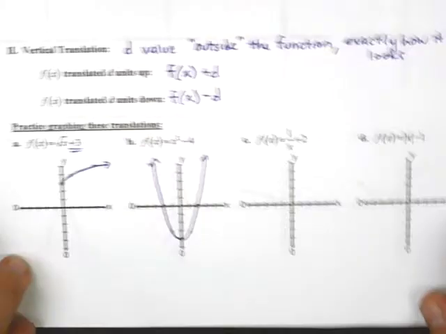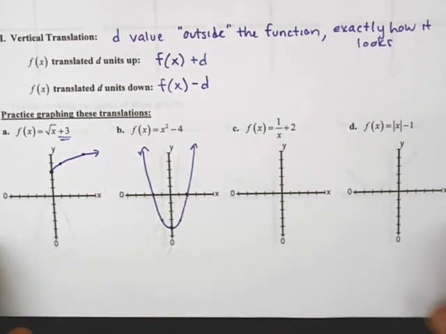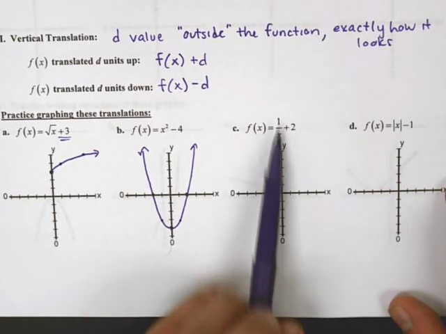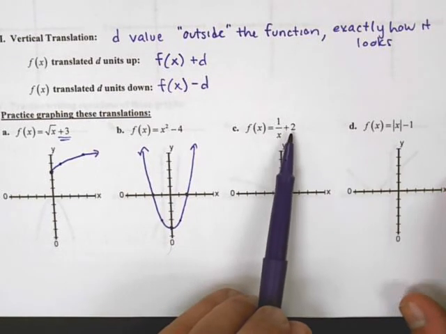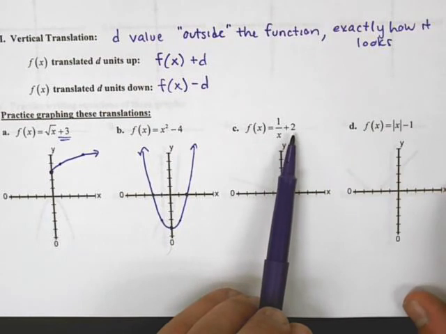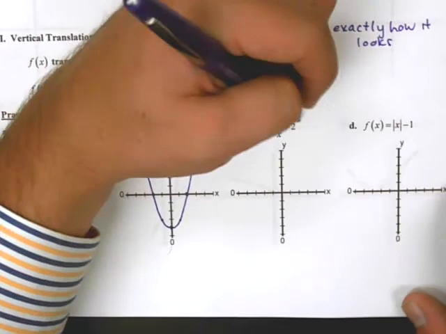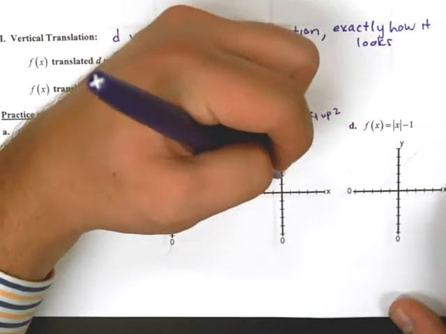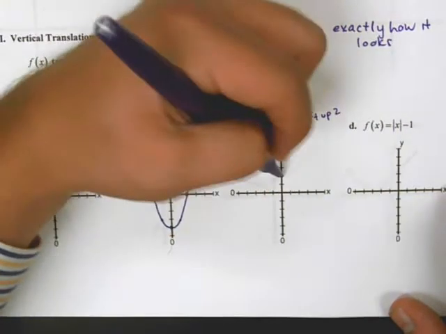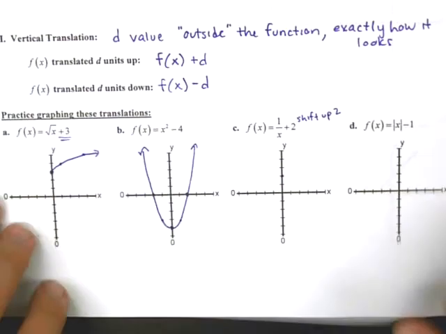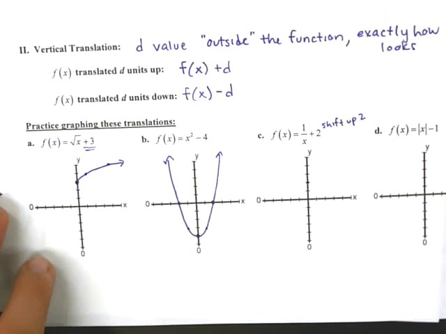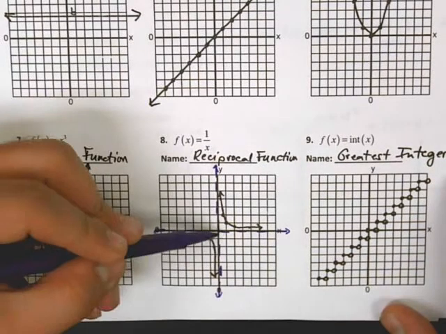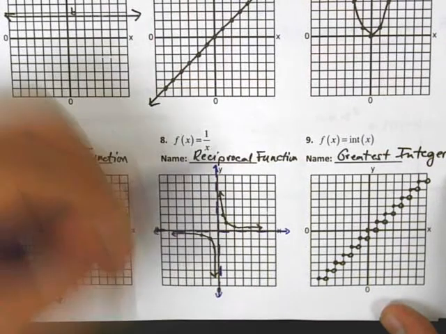All right, let's take a look at this next one. This next one's a little crazy. I now am seeing I have a reciprocal function, and I'm adding 2 to it outside of the function, which means this is a shift up 2. So I'm going to go here. This is my origin. Remember from our page before, the origin is kind of where our asymptotes meet.